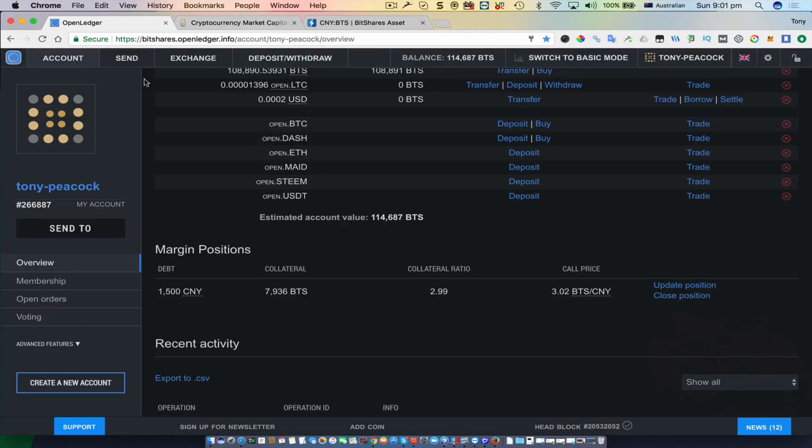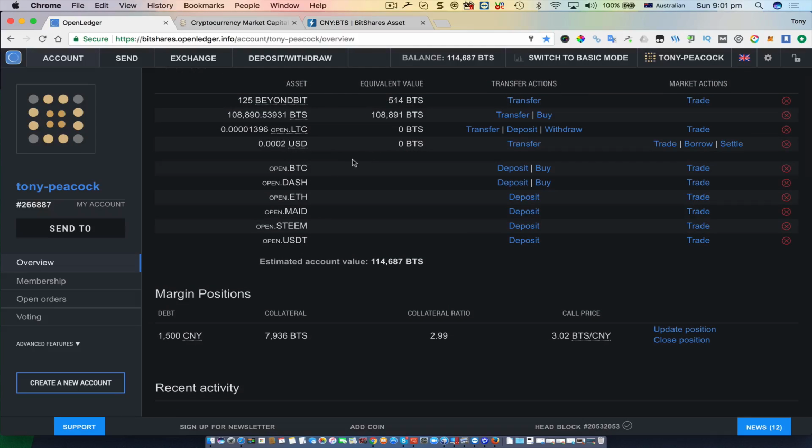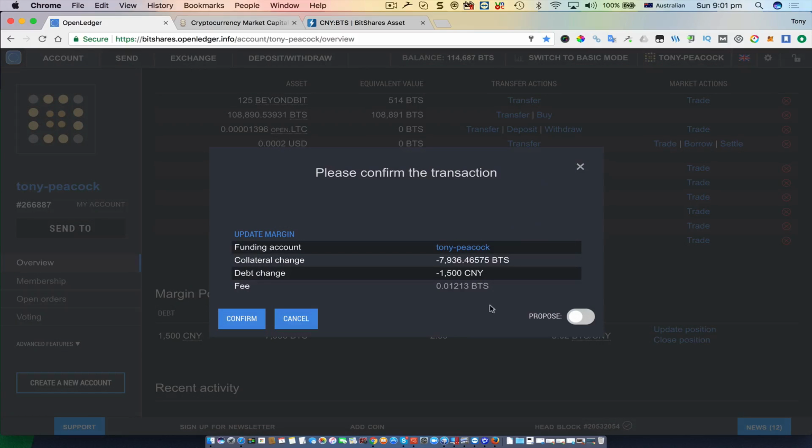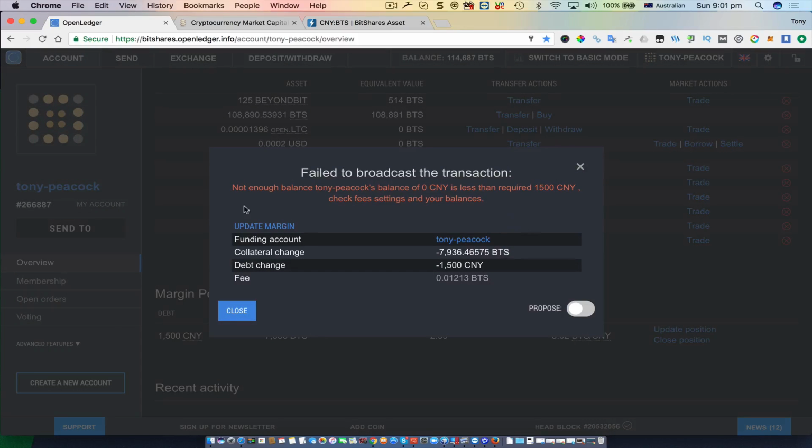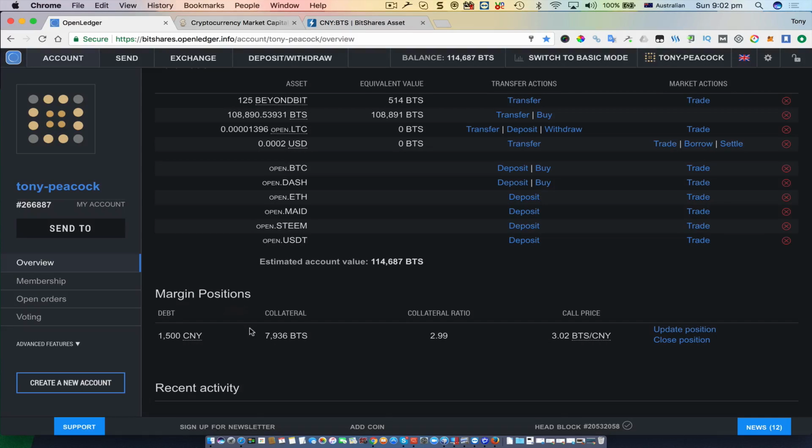And then once I have it, it will show up here that I've got 1,500 yuan, and now I can close my position. You see, right now I can't, because it says not enough balance. I've got 0 yuan, so all I need is 1,500 yuan and I could close my position. And then what would be left over is my Bitshares profit.